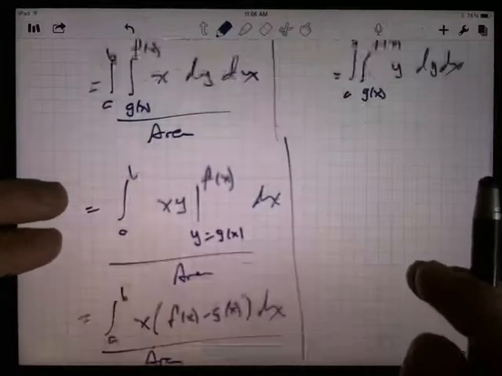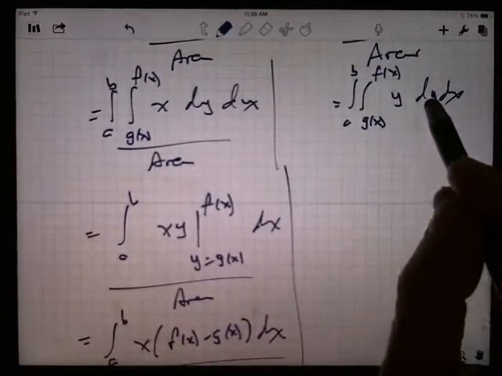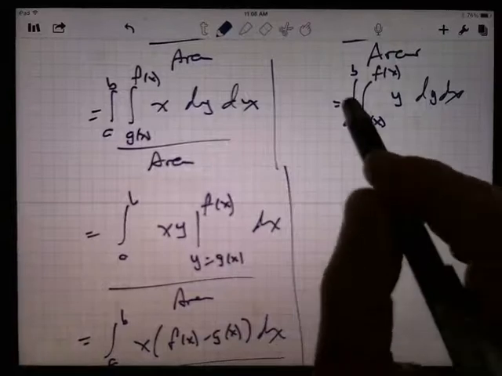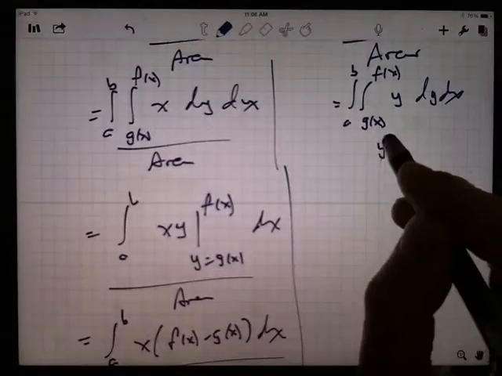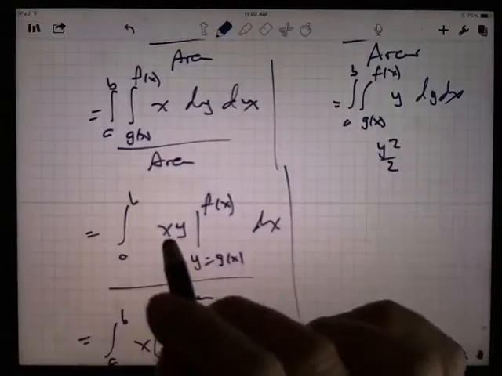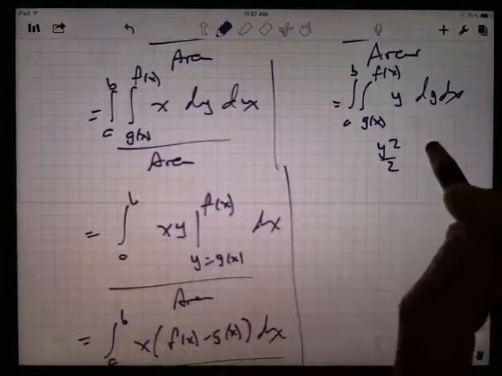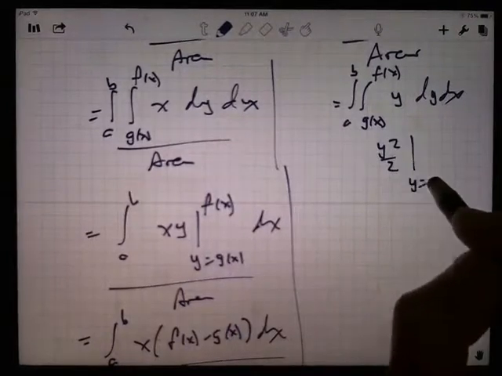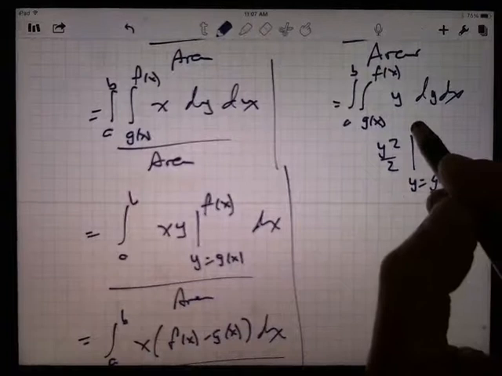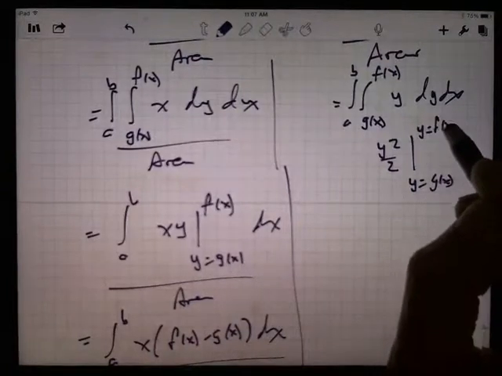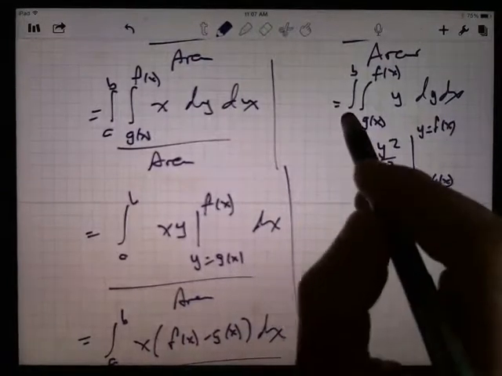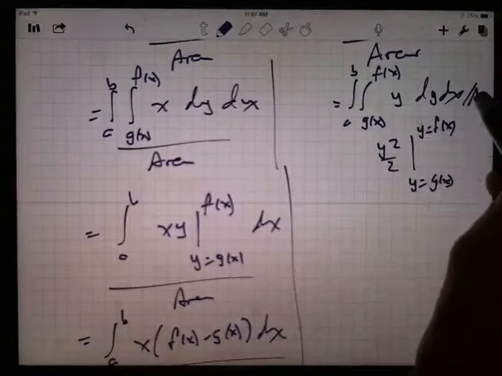Over here, when I integrate y with respect to y, it turns into y squared over 2. Where this was an x times y, this is now a y squared over 2, evaluated between y equals g of x and y equals f of x. I forgot to divide by the area, right?